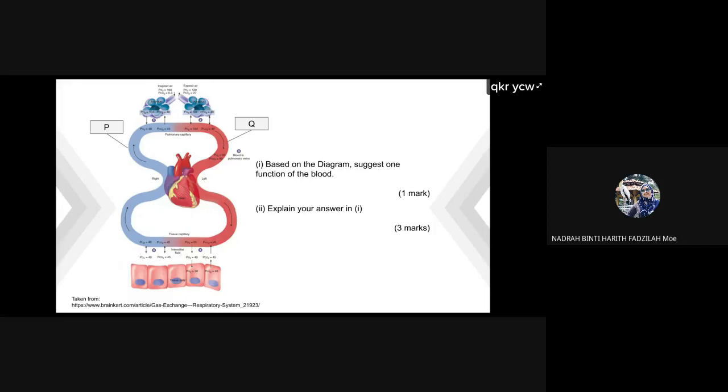So, we will discuss further about the function of blood when we discuss about circulatory system. Okay, tapi untuk hari ni memang function dia transport respiratory gases, dan ayat-ayat lain yang kamu guna, transport oxygen and carbon dioxide atau supply oxygen and remove carbon dioxide yang seperti kamu sebut tadi juga adalah cara-cara lain untuk describe the function of blood based on the diagram.